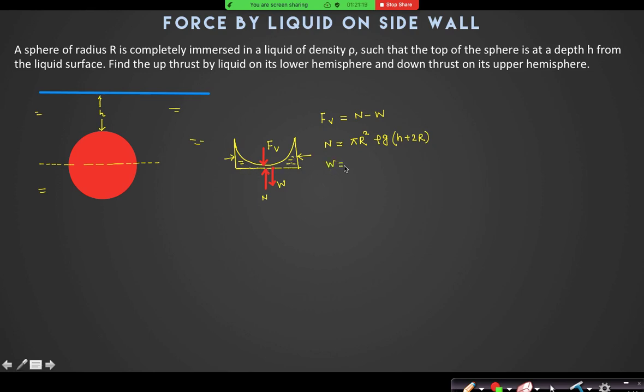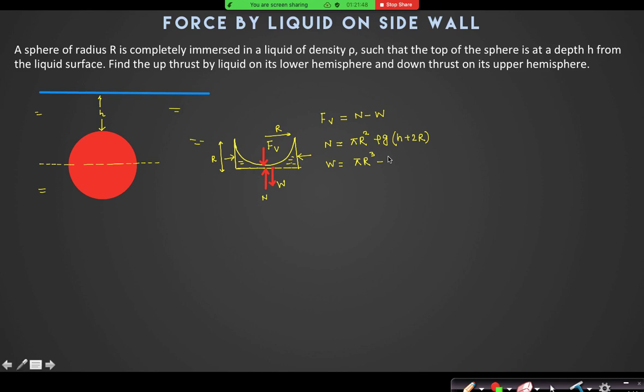This part of the liquid, is it the volume of this cylinder minus volume of the hemisphere? What is volume of the cylinder? Pi r cube, or not? This height is also r, and this is also r. So volume of the cylinder is pi r cube. And what is volume of this hemisphere?